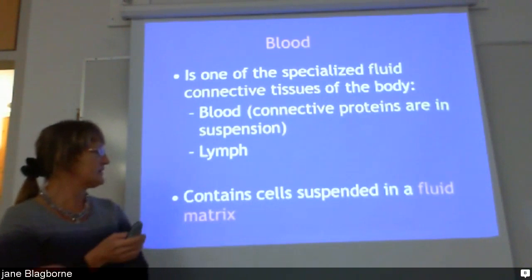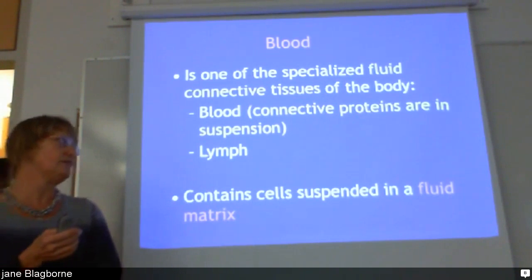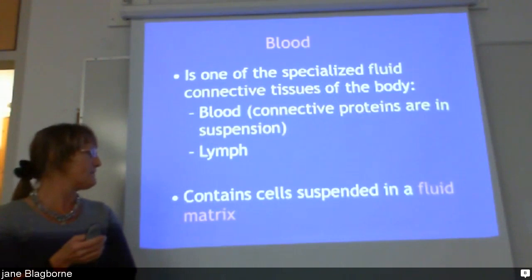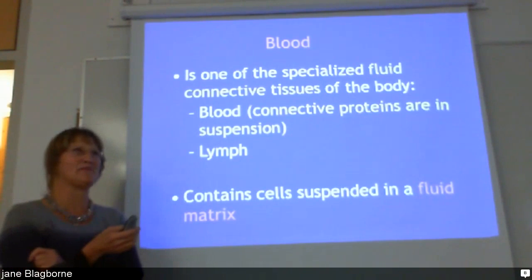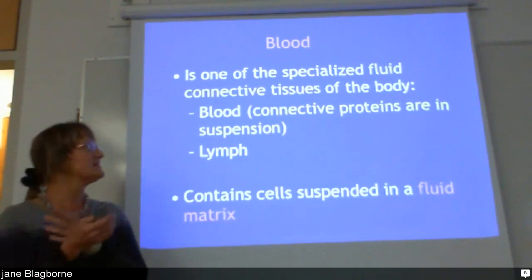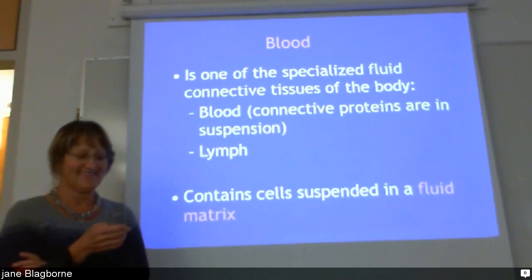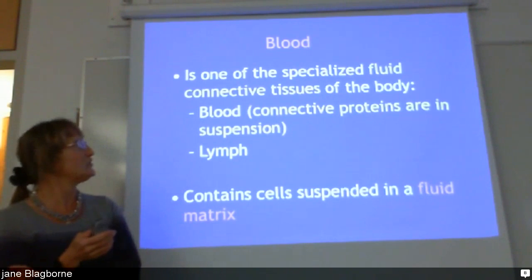And it says it contains cells suspended in a fluid matrix. I like that word, matrix. It keeps showing up in everything, like bone matrix. I'll let you take a few notes there.